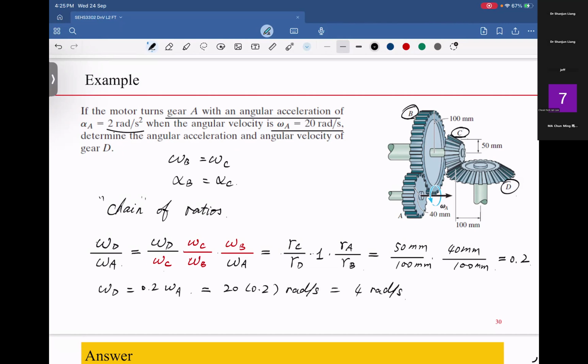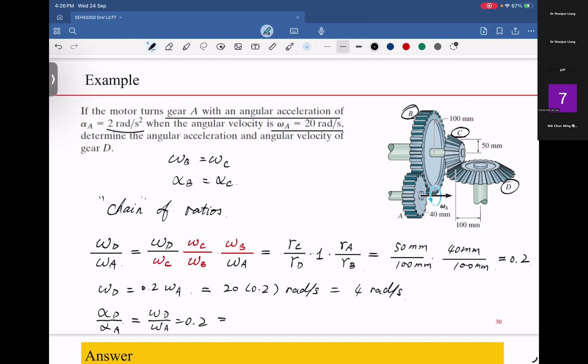And also alpha D over alpha A, alpha D over alpha A, because they're in the same chain, right? Alpha D over alpha A has the same ratio as omega D over omega A, so it's 0.2.